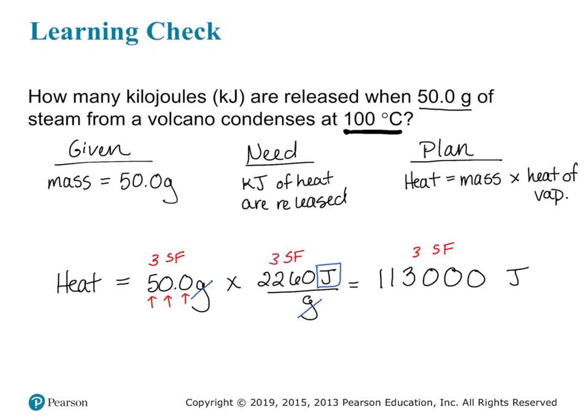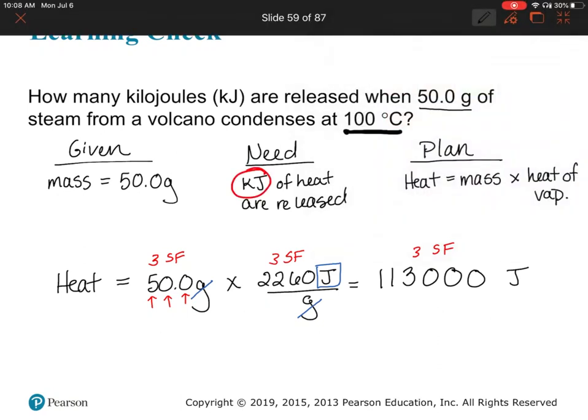Now, remember, we're not trying to find an answer in joules, we're trying to find an answer in kilojoules. So we have one more calculation we need to do. Okay, so let's set up our next calculation. We're going to convert joules to kilojoules. So I'm going to set up a conversion factor.